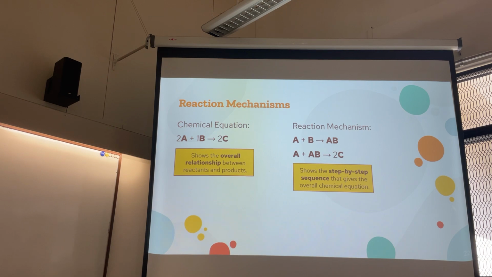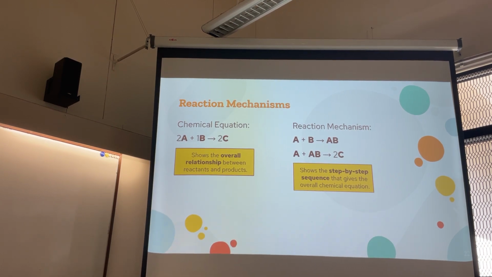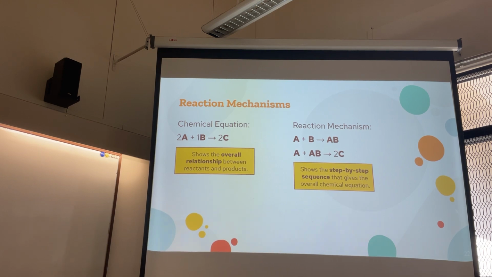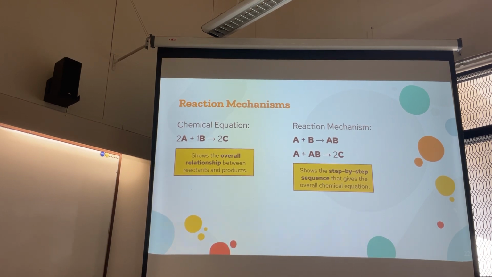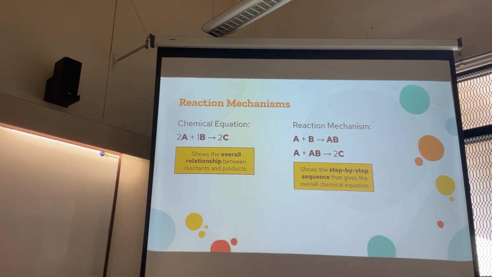You need to know that for a chemical equation, all it tells you is the overall relationship between the reactants and the products. But for a reaction mechanism, it actually tells you step by step how a reaction actually takes place. So this is the first thing I want you to know about the difference between a chemical equation and a reaction mechanism.